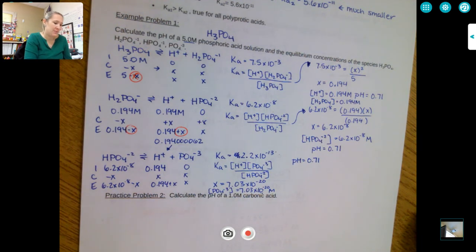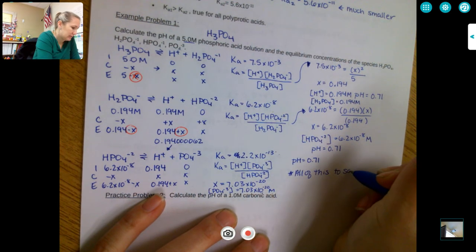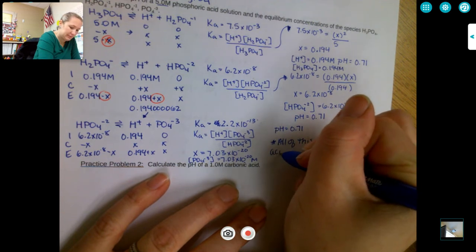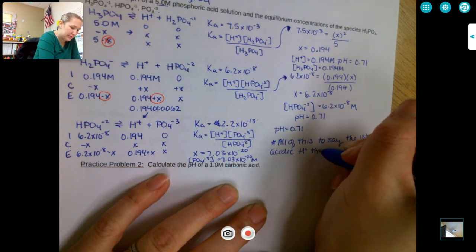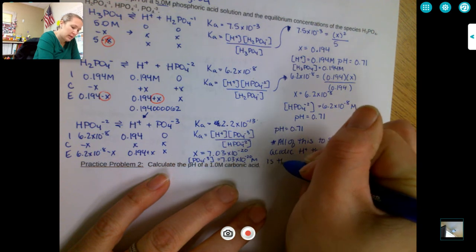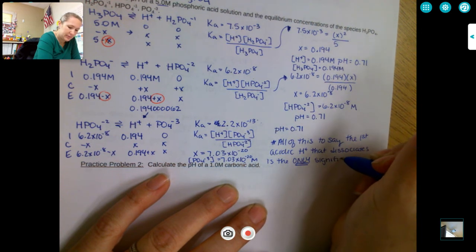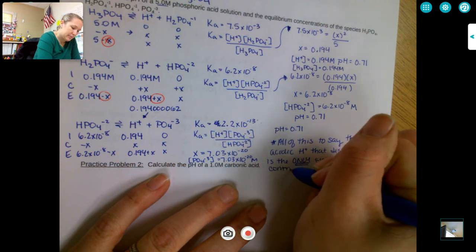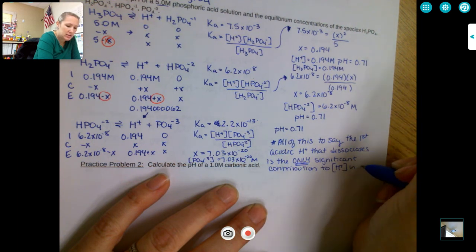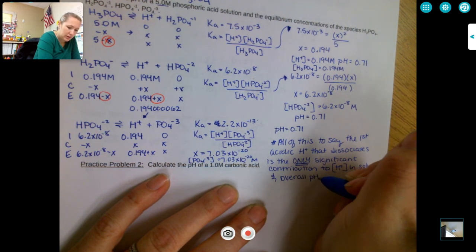So again, my pH, even at this point, does not change. It's still 0.71. So all of this to say, the first acidic hydrogen that breaks off, or that dissociates, is the only significant contribution to the hydrogen ion concentration in solution and the overall pH of the solution.